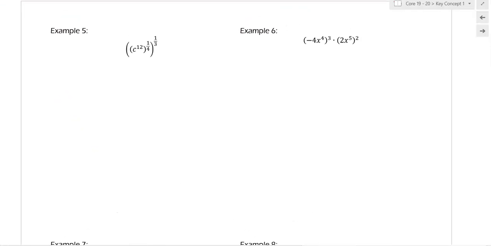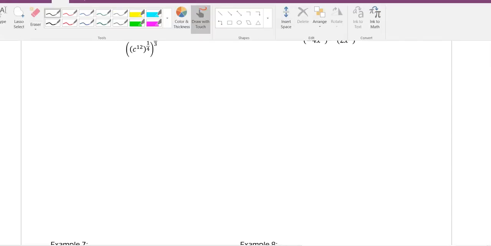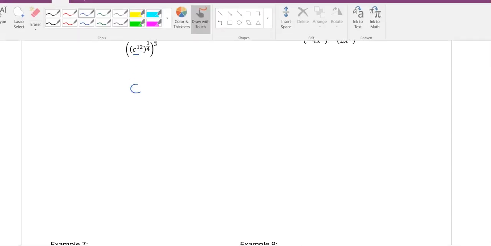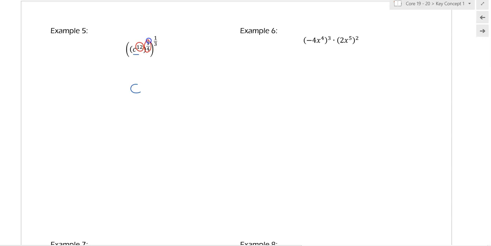Example 5. This looks a little crazy. C to the 12th to the 1/4 to the 1/3. Okay. It looks crazy, but it's no different. I have my base, and my base just has a bunch of exponents, but the rule is the same. I'm just going to multiply all of them.